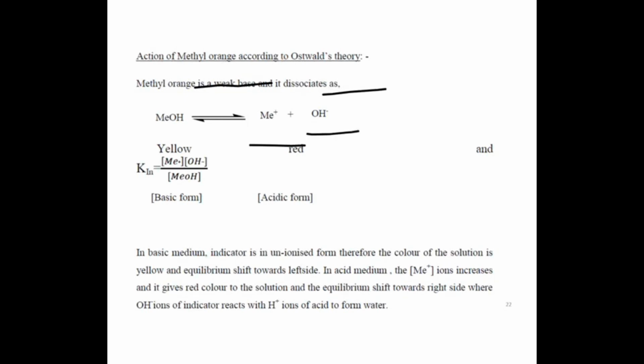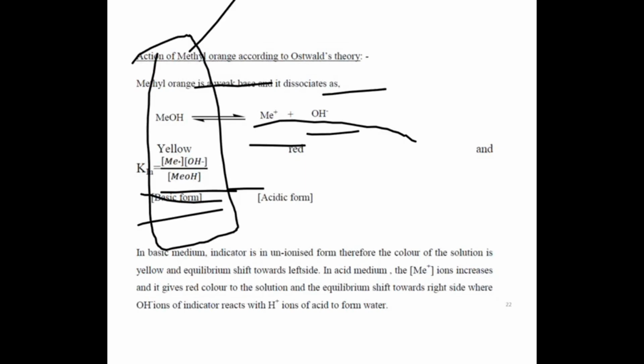The indicator constant can be written as K-In is equal to [Me plus][OH minus] divided by [Me OH], the product by the reactant. The basic form of methyl orange is yellow, which is the unionized form.